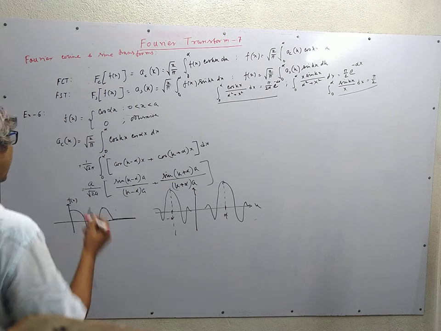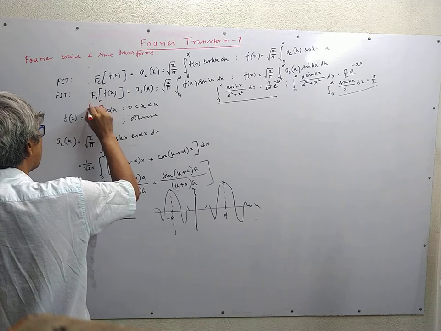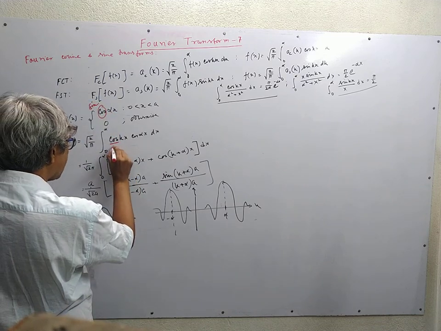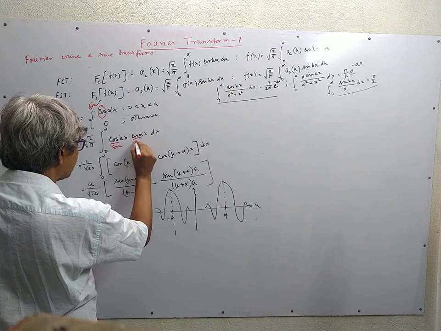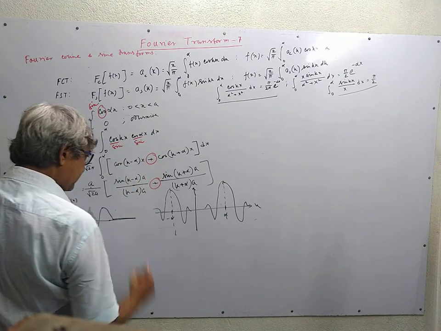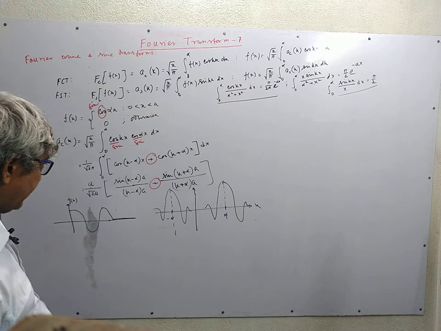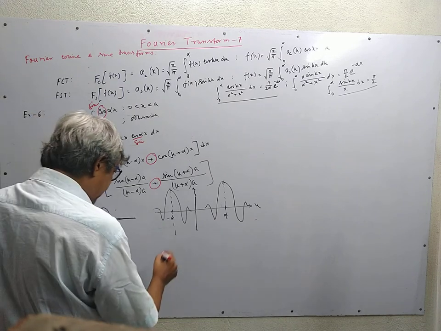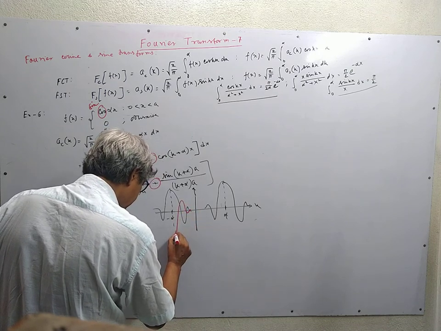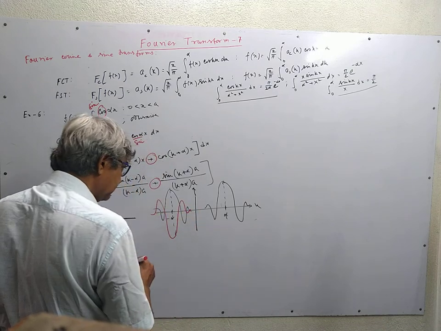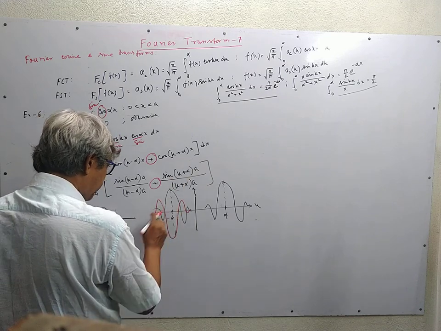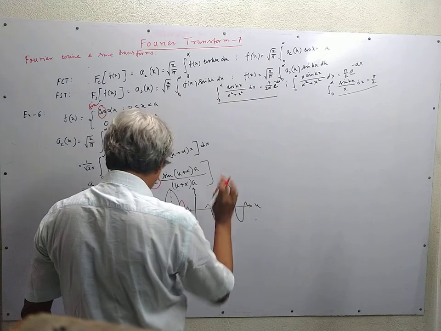If it is sine, then the changes are that this is sine, this is also sine, this symbol will be minus, so this peak will be on the negative side and this peak will be on the positive side.